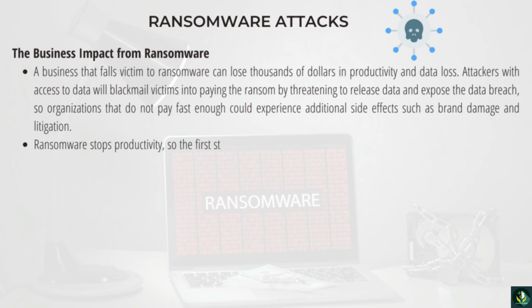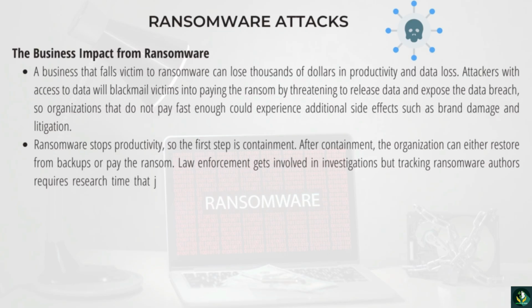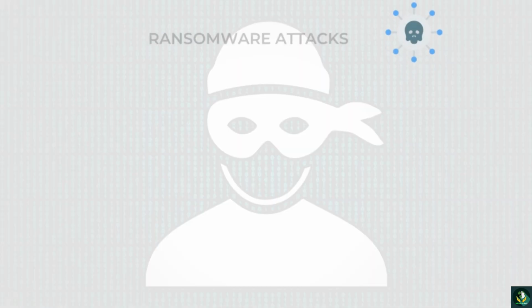Ransomware stops productivity, so the first step is containment. After containment, the organization can either restore from backups or pay the ransom. Law enforcement gets involved in investigations, but tracking ransomware authors requires research time that just delays recovery. Root cause analysis identifies the vulnerability, but any delays in recovery impacts productivity and business revenue.